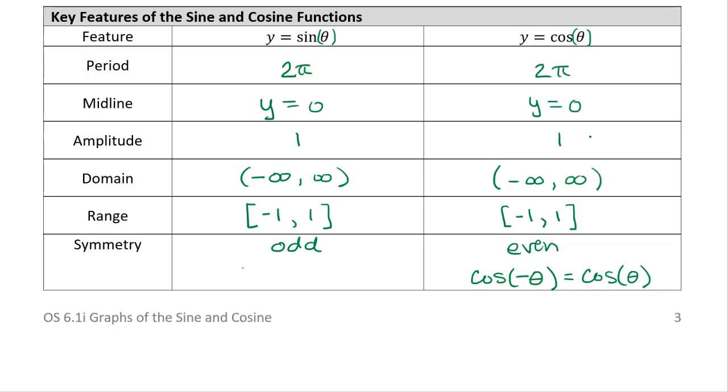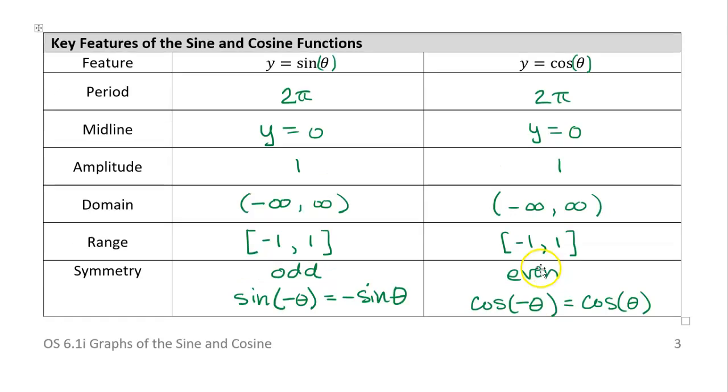Odd symmetry is if the sine of negative theta is equal to negative sine of theta. So there's a little different symmetry.